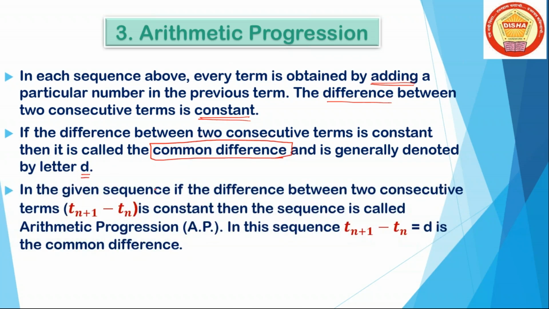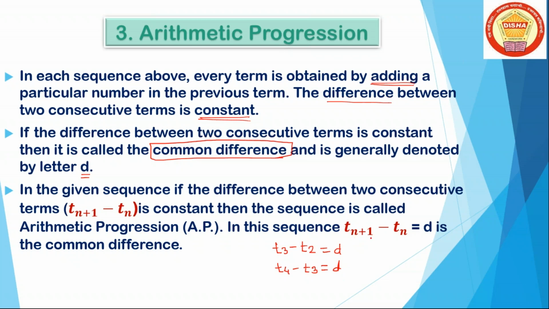In the given sequence, if the difference between two consecutive terms, that is tn plus 1 minus tn, is a constant. What is the meaning of tn plus 1 minus tn? We take t3 minus t2, again t4 minus t3. This difference is denoted by D and it remains constant in an AP.